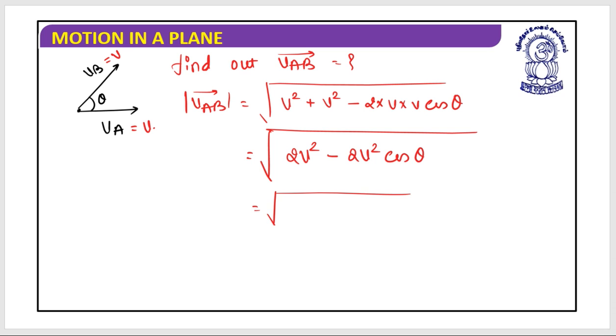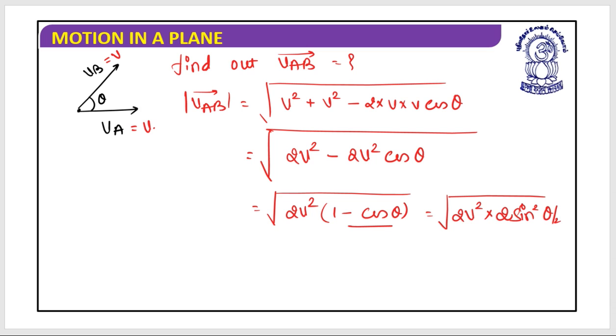So this is 2V square into bracket 1 minus cos theta, which is 2V square multiplied by 2 sin square theta by 2. So this is 2 into 2, 4. Taking it out of the square root, it's 2V sin of theta by 2.